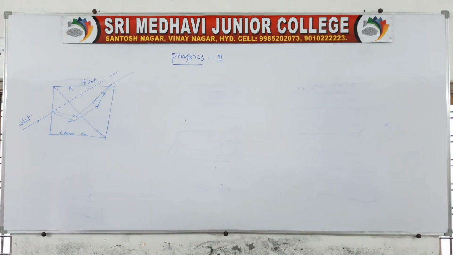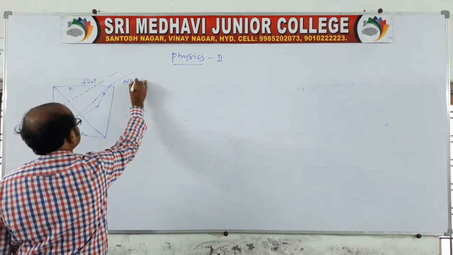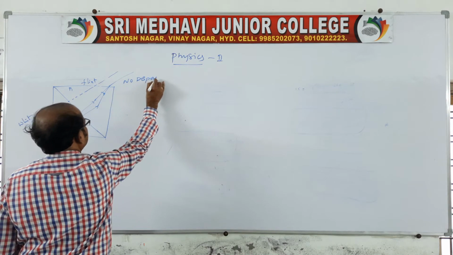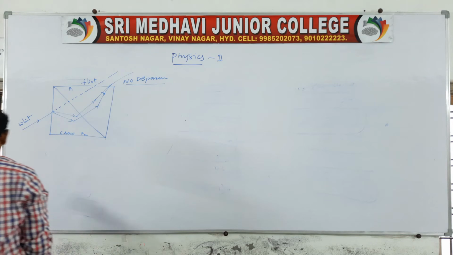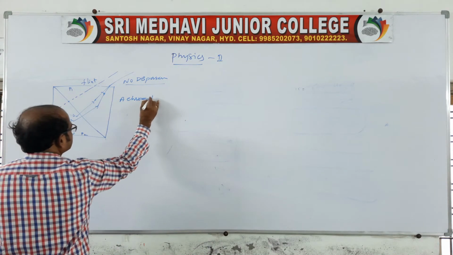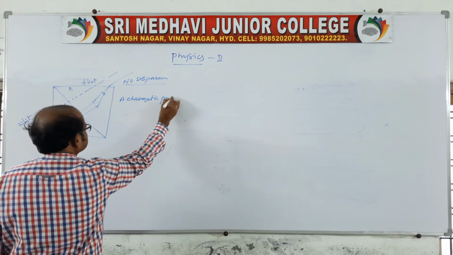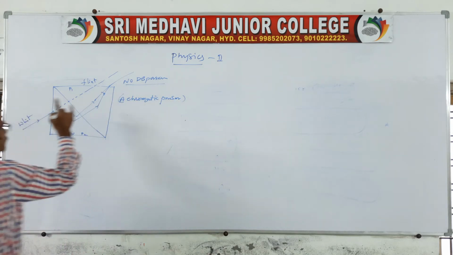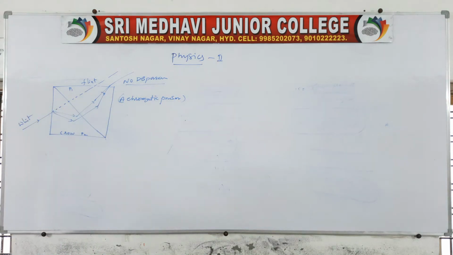We will not get any dispersion. Here there is no dispersion, which we can call the achromatic prism. This is achromatic; there is a deviation, but without any dispersion.